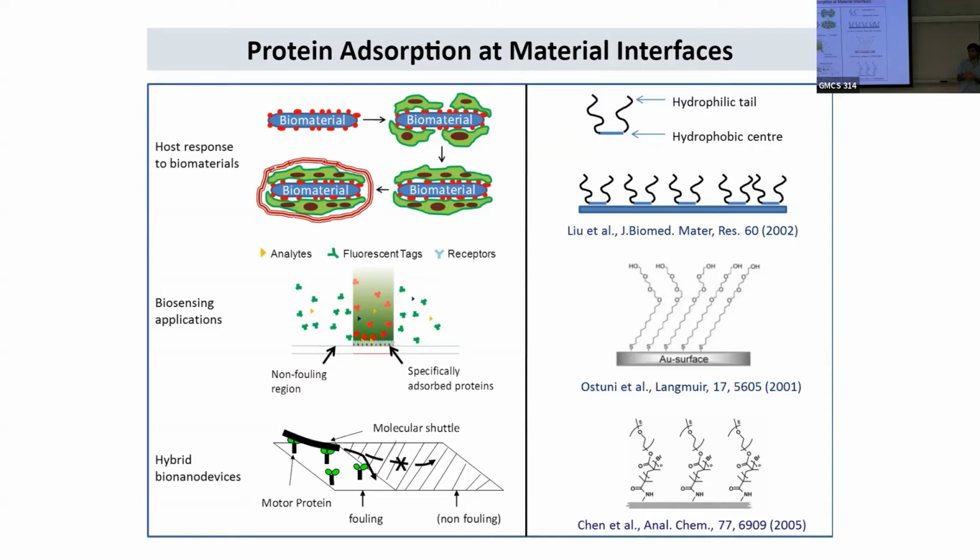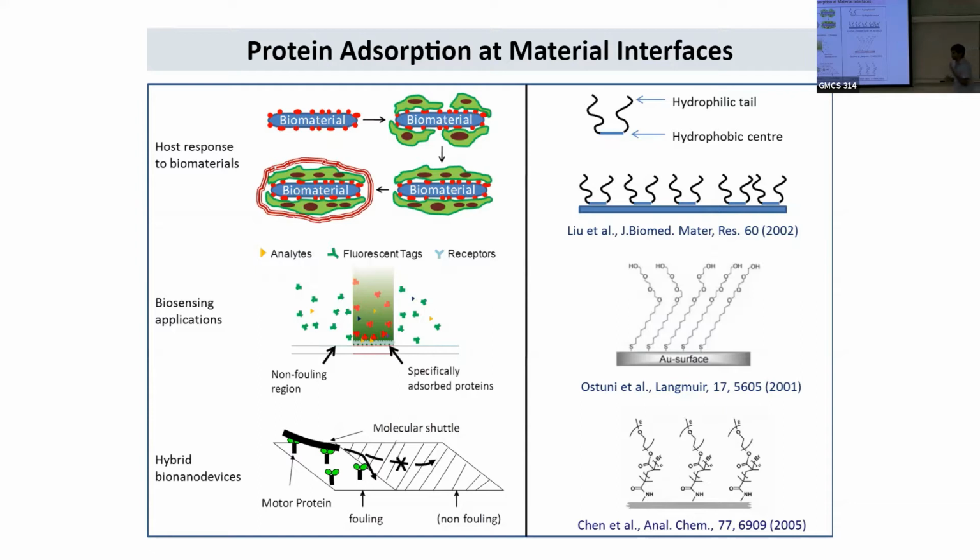This is not what I should be seeing. And they'll start attacking it. Once they start attacking it, you have inflammatory response. You have a lot of adverse effects. Also, if you're trying to engineer devices using proteins, you want to localize proteins in specific regions. So the point is, how proteins stick to surfaces is a very important question in any bioengineering related topic.